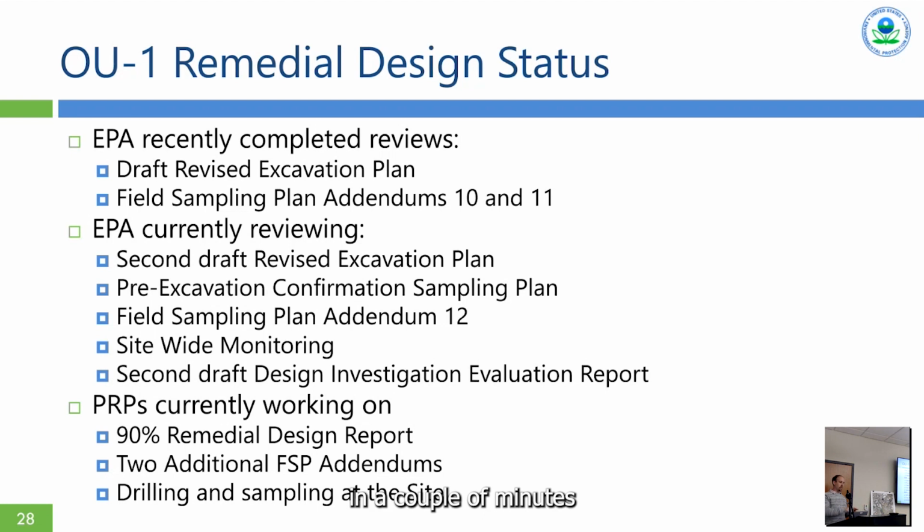I'm going to show maps in the next couple of slides of what FSP Addendum 10 and 11 are. Those are posted on our website. That field work just completed last Thursday, I think. But there are 3 more like that, 1 that we're reviewing right now and 2 that we expect to get shortly for the same type of concept.